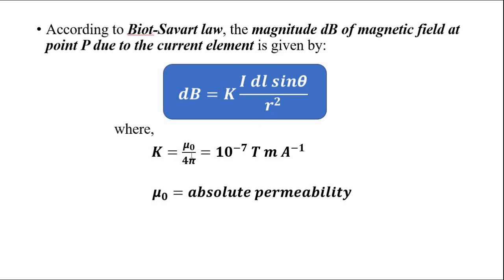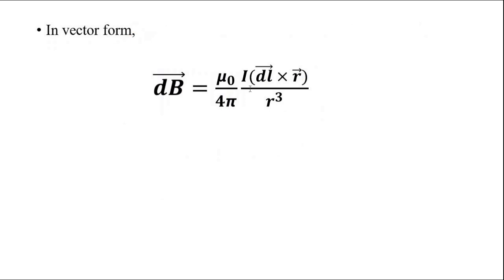Here K is given by mu 0 by 4 pi. Mu 0 is the absolute permeability of free space, and if it is in any other medium, the relative permeability will come into play: mu 0 mu r. That is equal to 10 to the power minus 7 Tesla meter per ampere. This is in scalar form, and if you want to express it in vector form, it is given as mu 0 by 4 pi, I dl vector cross r vector by r cube.